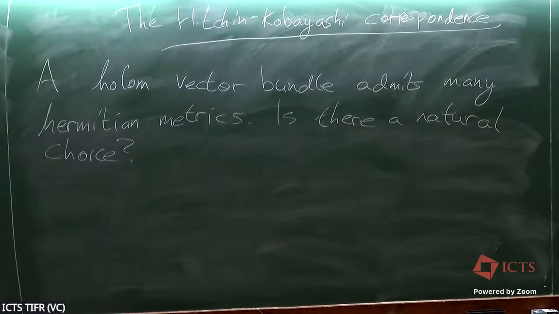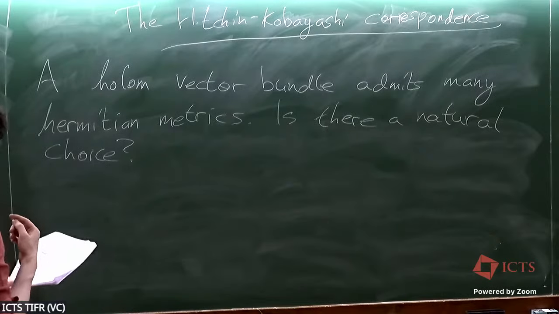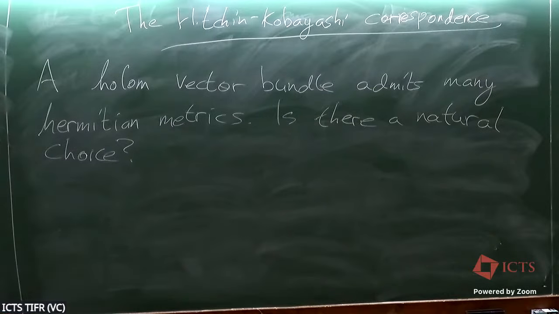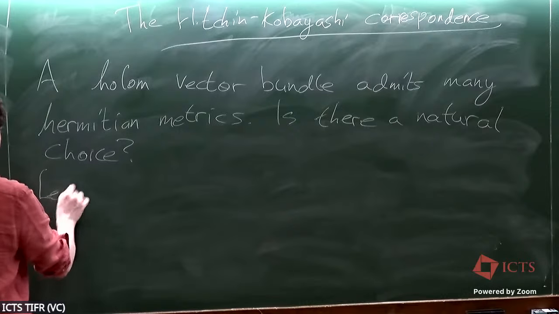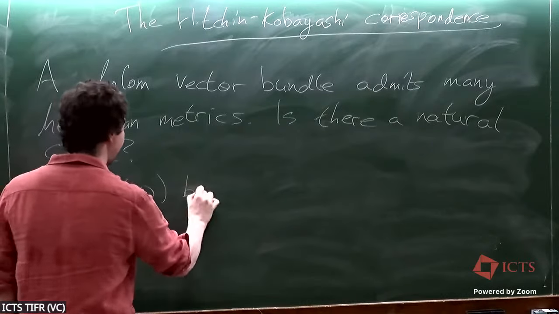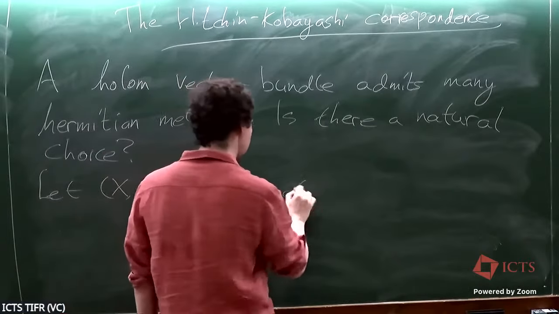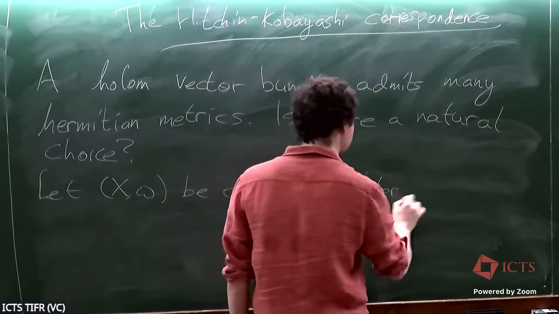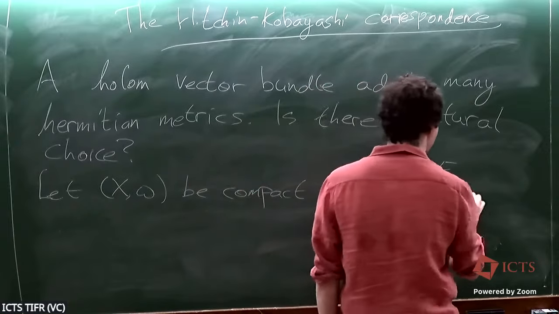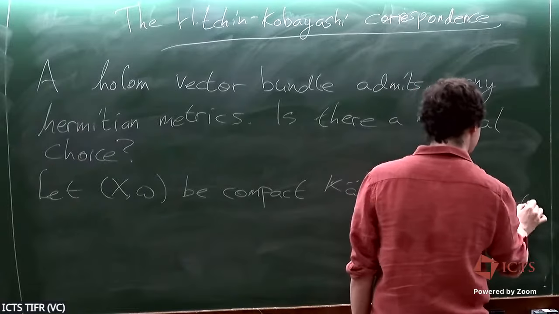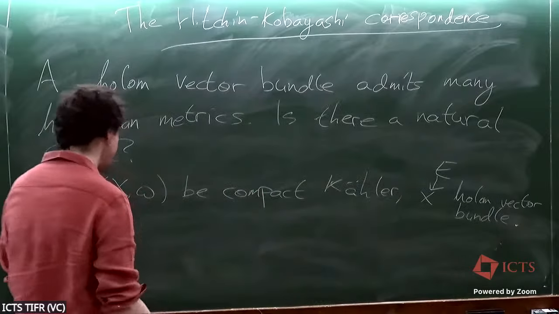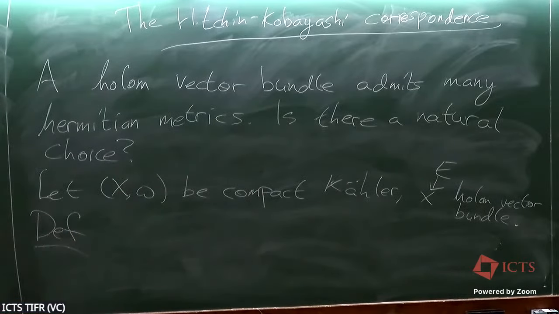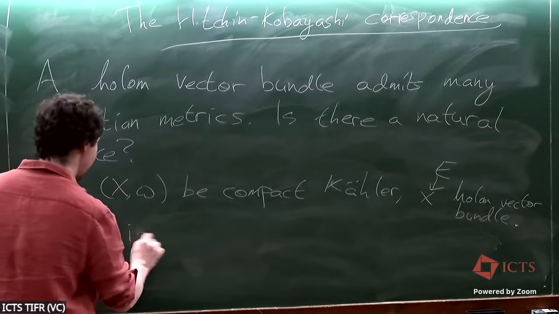So what we want to do is define a geometric PDE that will determine one, where natural or canonical means that we have some kind of uniqueness theory. Okay, so we'll let (X, omega) be compact Kähler, so omega is a Kähler metric, and E over X a holomorphic vector bundle. In particular, we know what it means to talk about curvature. So H is a Hermite-Einstein metric.